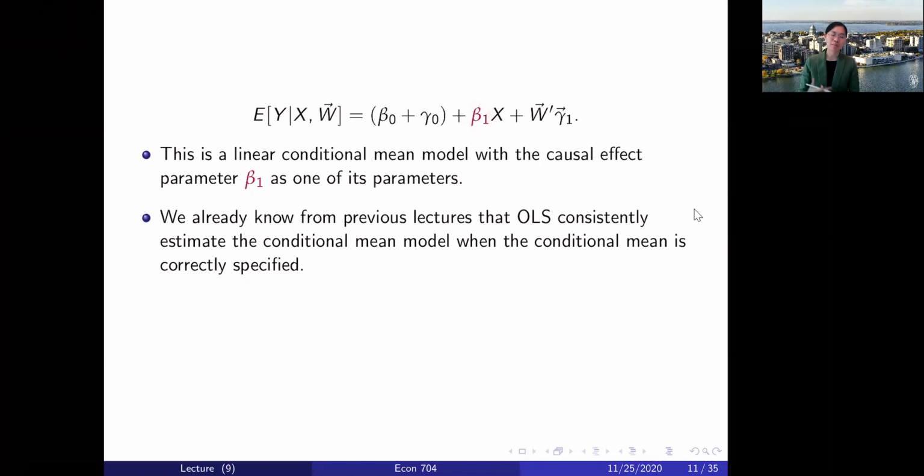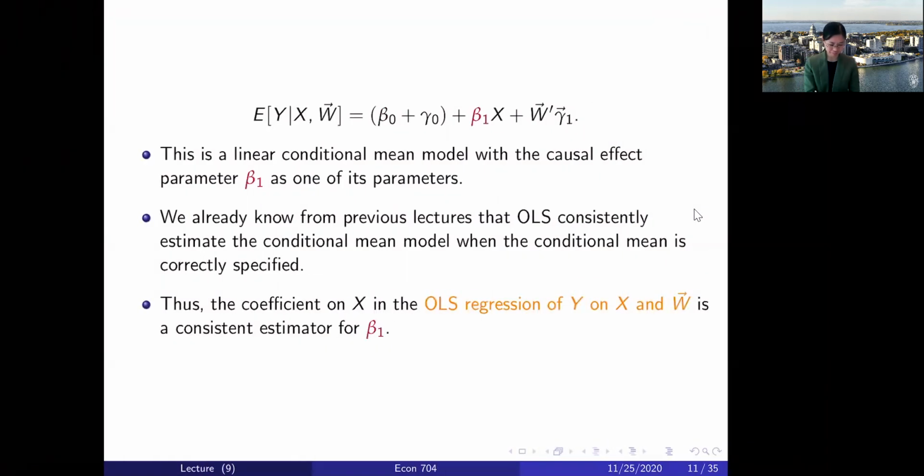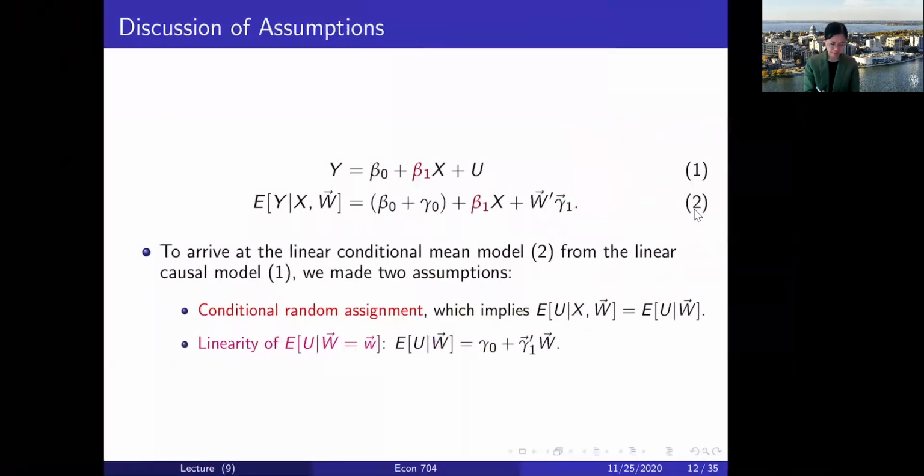So if given w, x is randomly assigned, and if E[u given w] is linear, then OLS regression of y on x and the control variables will give us a consistent estimator of the causal effect. So notice that we have two ifs. One if is the conditional random assignment that is conditional on W.